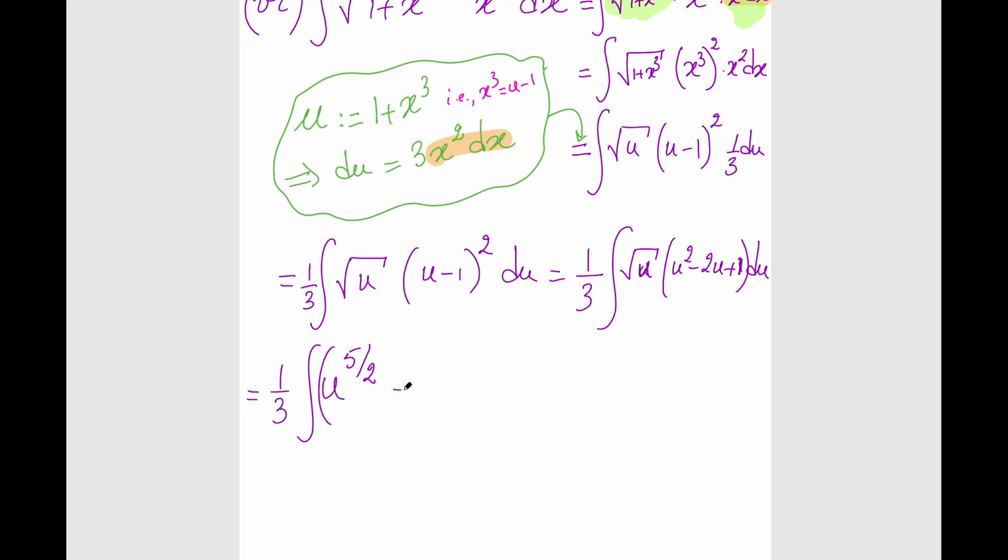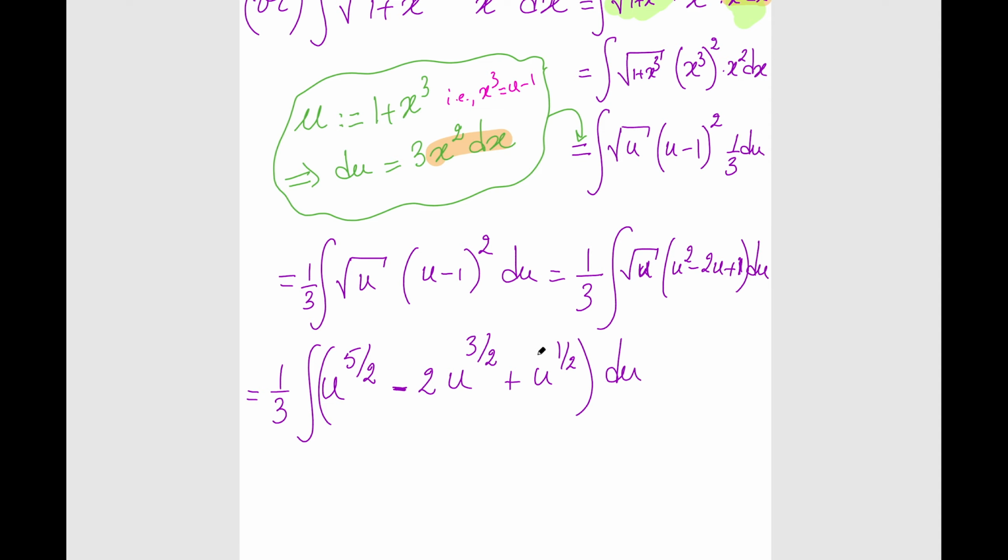Minus 2 times, what's square root of u times u? It's u to power half times u, which is u to power 3 halves. And the last one is square root of u times 1, so it's square root of u, which means u to power half du. Correct?